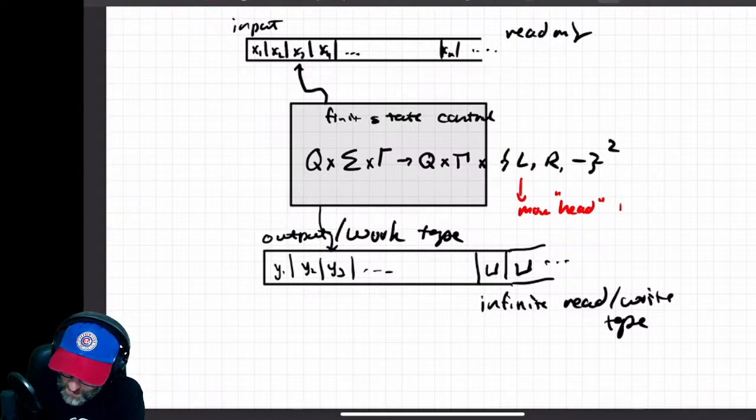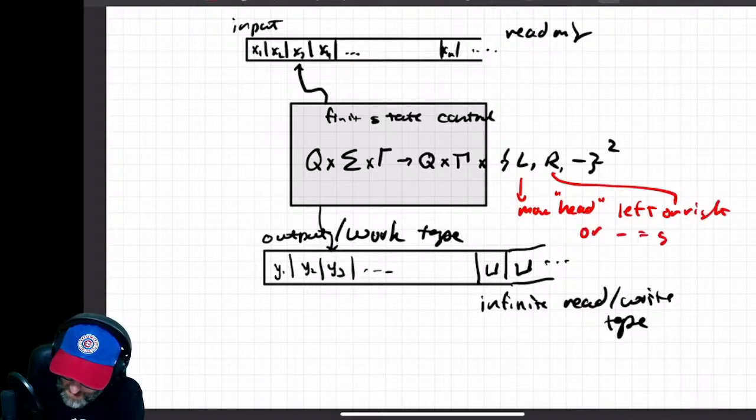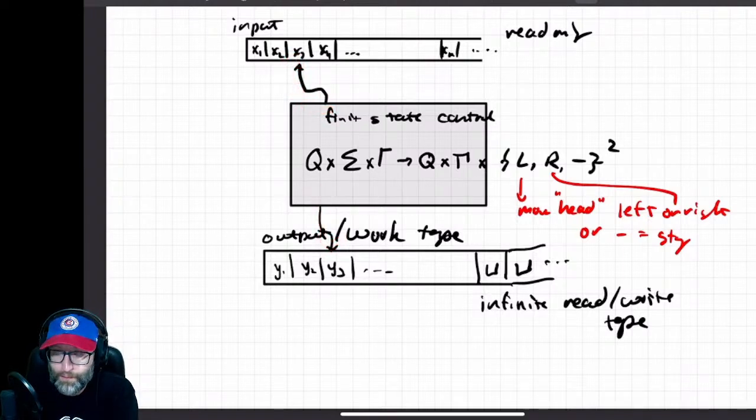Move the head left or right or stay. I'm not going to move left or right; I'll just stay put and continue looking at this bit over here. And this is squared over here because you have to do it once for the input tape and once for the output tape.